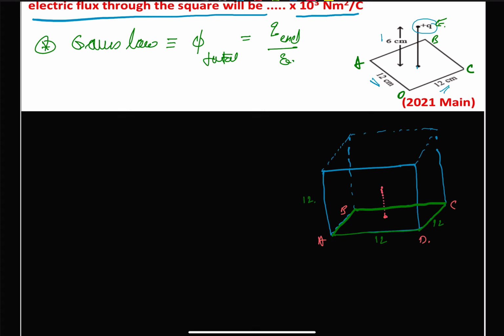So this is our charge placed as plus Q. Now the charge is enclosed inside a cube, so we can say that the charge Q should be enclosed.